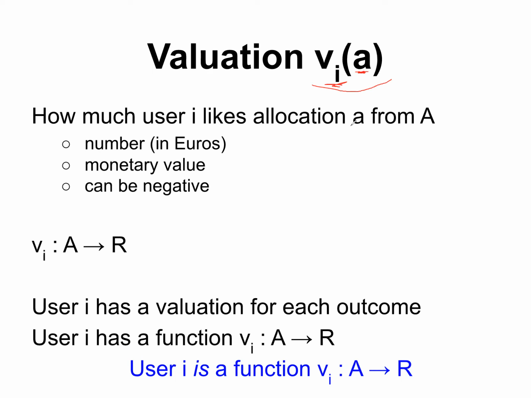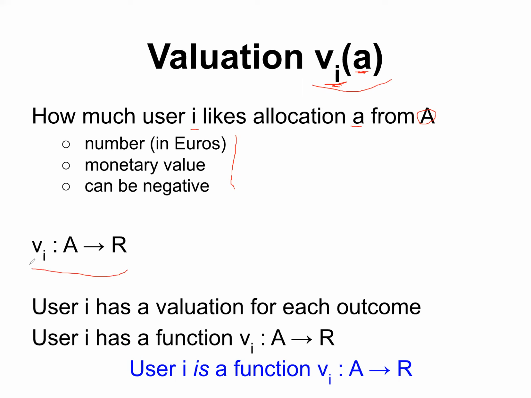So given a certain allocation A from the set of all possible allocations, you can assign a certain number to it for user i. It can be some monetary value, some way to measure how happy the user is about this allocation. So it's really just a number.